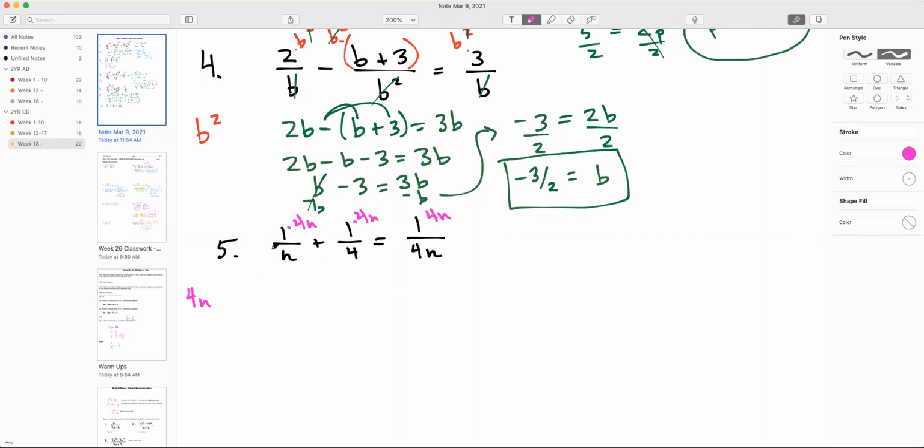And then I'm going to cancel the n's here, cancel the 4's there, cancel the 4 and the n's there. So now I have 1 times 4 is 4, plus 1 times n is n, and then I've got just 1 because everything canceled there. Well, that's pretty easy, right? 4, get it off of the left side, and then n equals, don't say 5, -3.